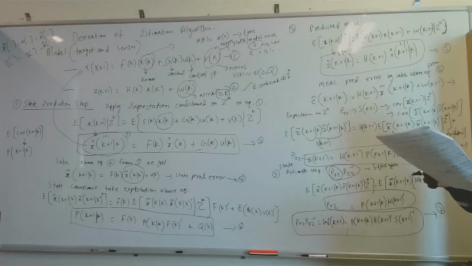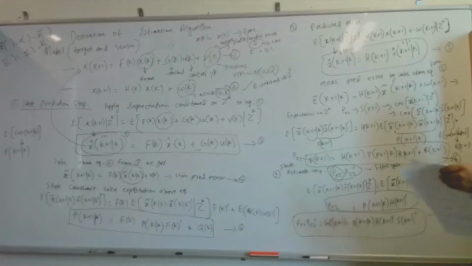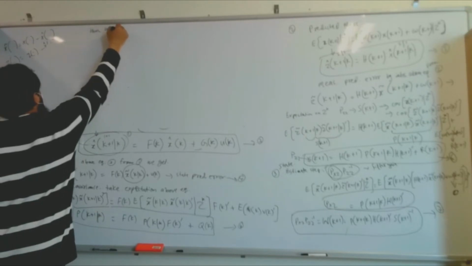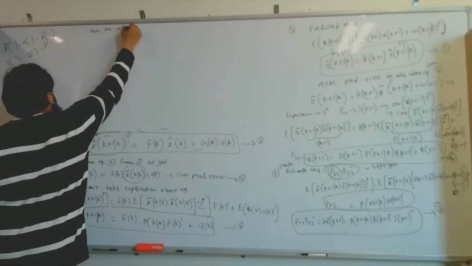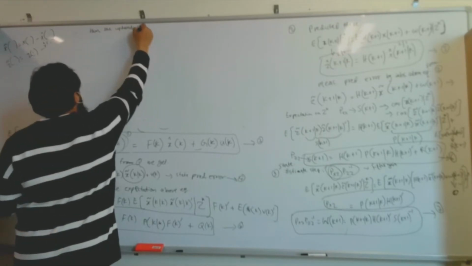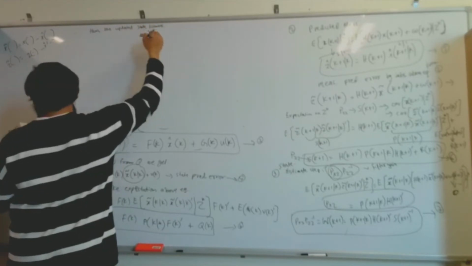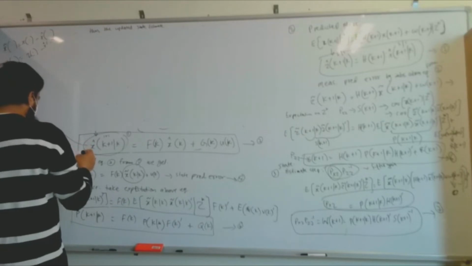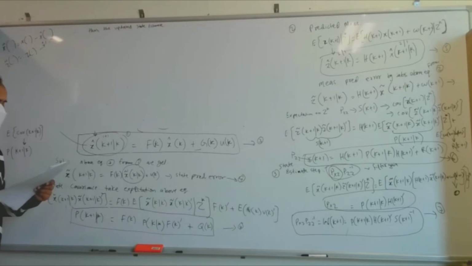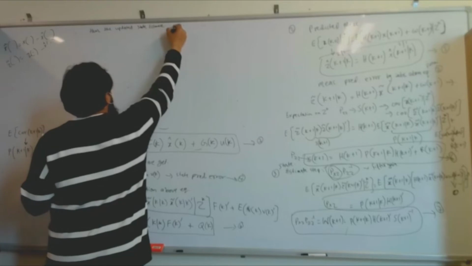Okay, clear? Now you have the final step. This is the final step, the update equation, which gives the updated state estimate. You can see in the slide we have already denoted this estimate like this.